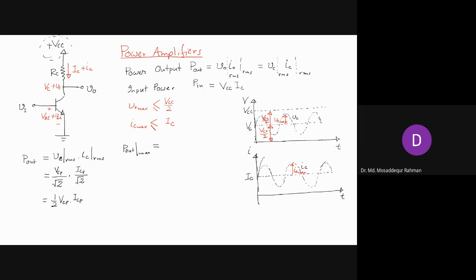If you have a large value, what happens? This part falls below zero, the current becomes negative, meaning it will go upward. But current cannot flow upward, so the transistor will go into the cutoff region, right?